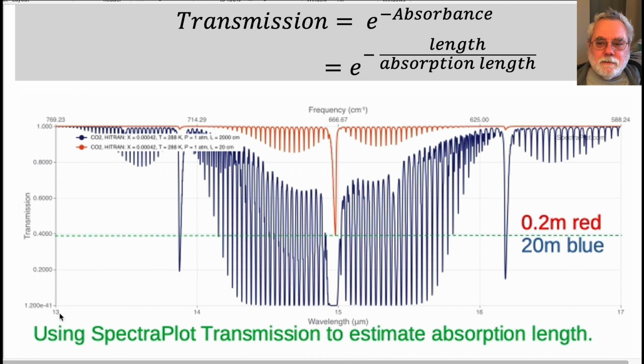The horizontal axis is wavelength from 13 to 17 microns. The vertical axis is transmission from 0 at the bottom to 1 at the top. 100%. Absorption is 1 minus transmission, so 100% absorption at the bottom to 0 absorption at the top.